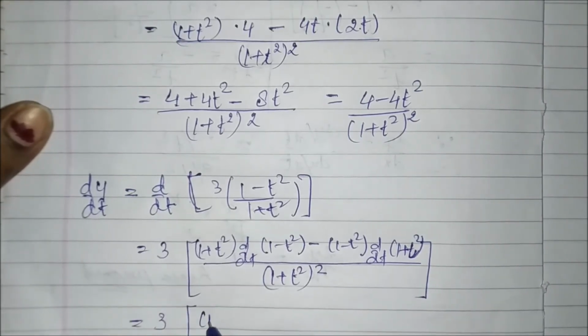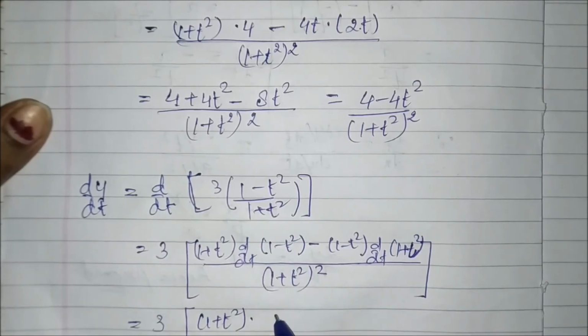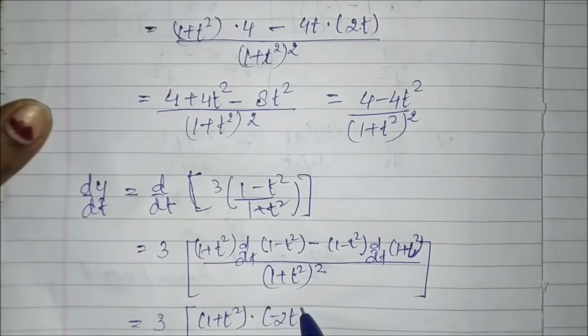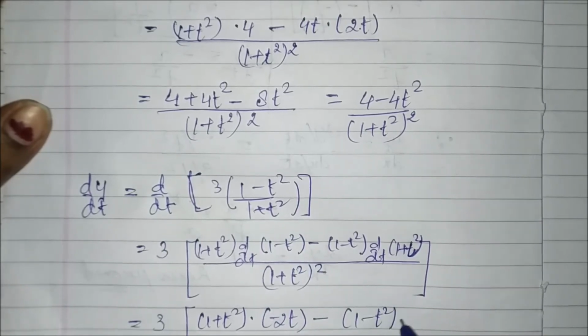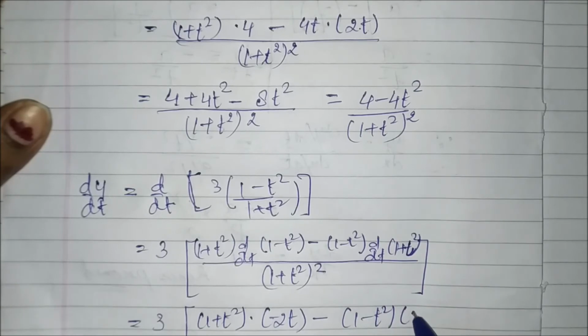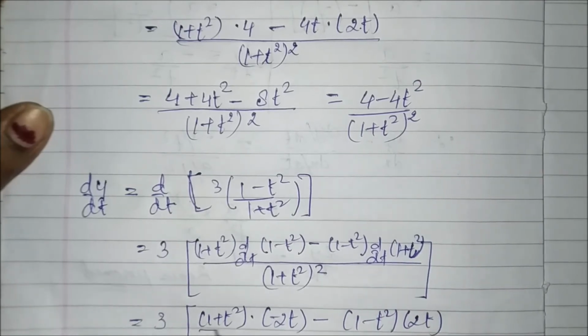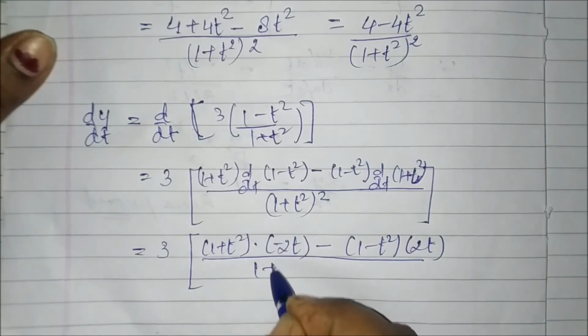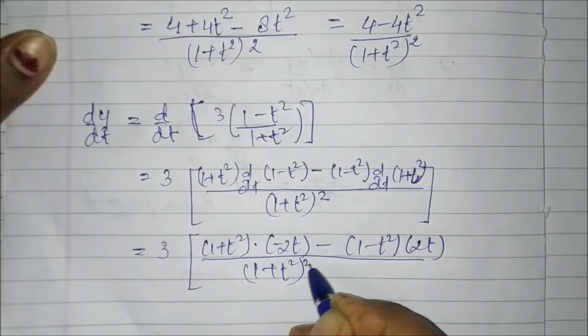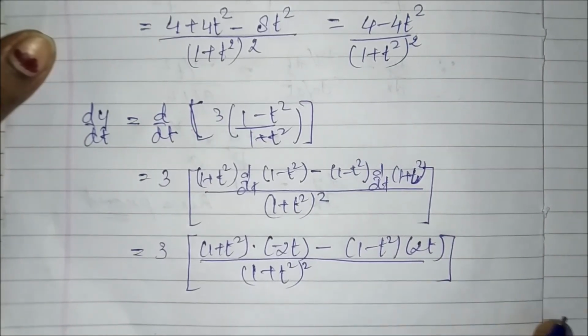Now copy this. The derivative of 1 minus t square is minus 2t, then minus 1 minus t square, and the derivative of 1 plus t square is plus 2t, upon 1 plus t square whole square.